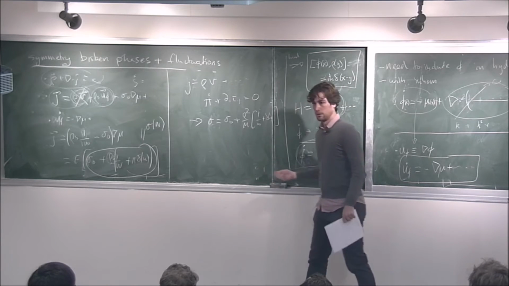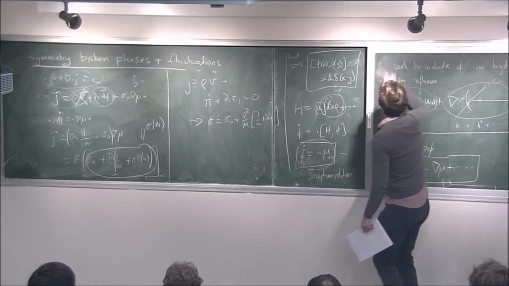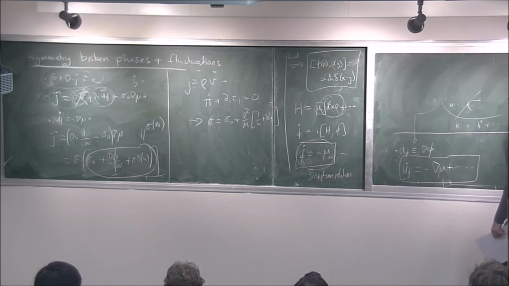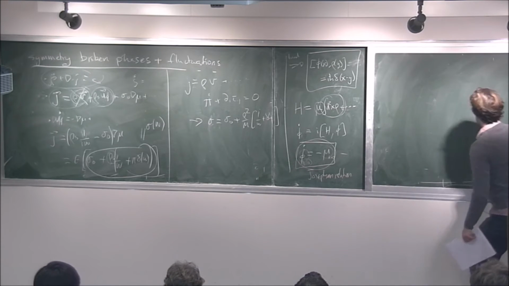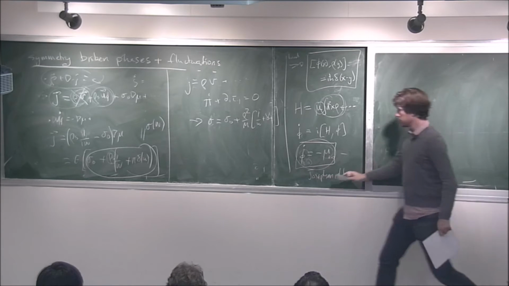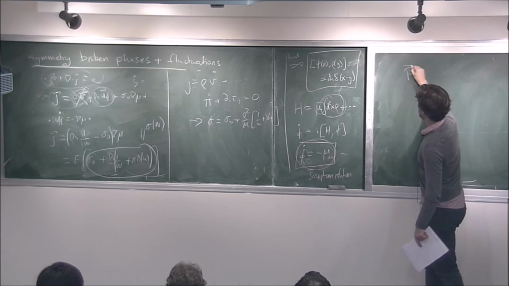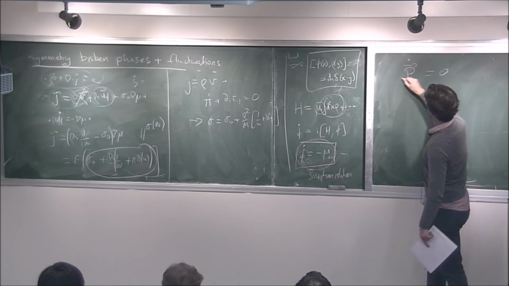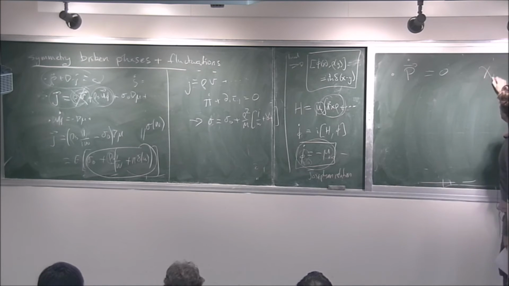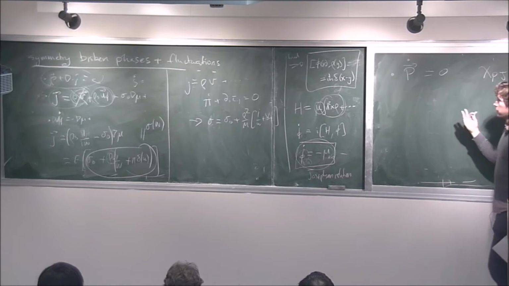All right? And so now let's connect with what we were saying yesterday in terms of the memory matrix. Yesterday, the infinite conductivity came from a conserved momentum, so P dot is 0, and this momentum overlaps with the current. So what's the conserved operator here?